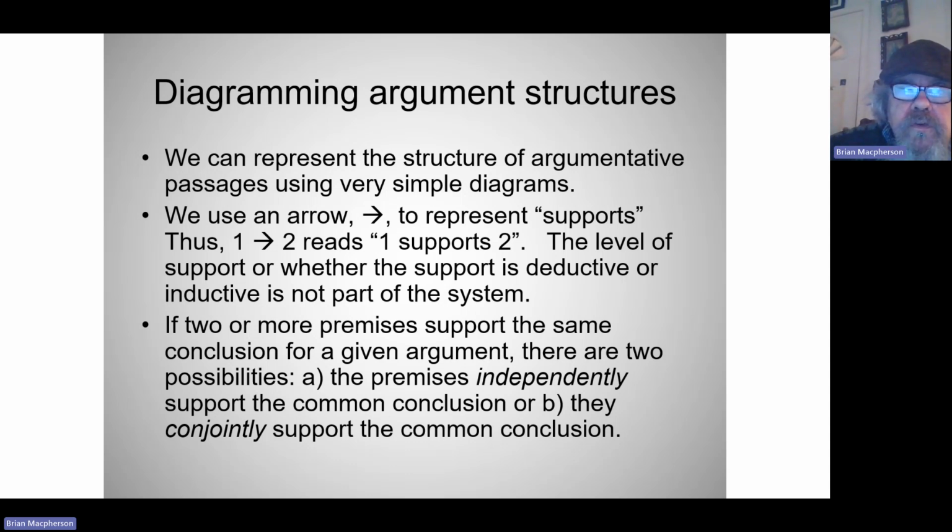One was to take arguments that don't have premise and conclusion indicators and to identify them by using the principle of charity. And for deductive arguments, the principle of charity involves a number of basic argument patterns. You're trying to fit the arguer's argument into one of these patterns. And by doing so, you identify the conclusion and the premises of the argument, right?